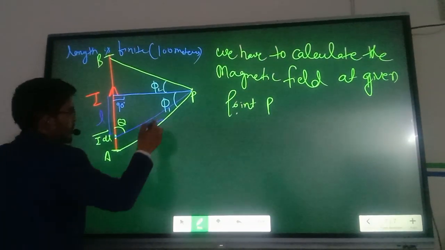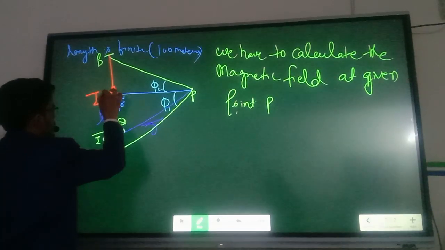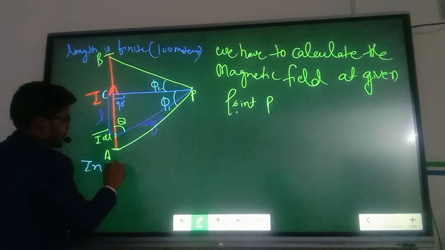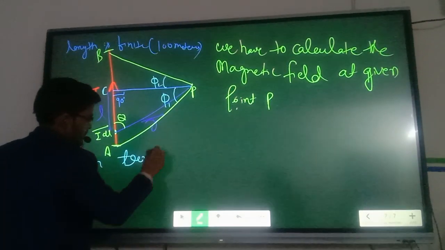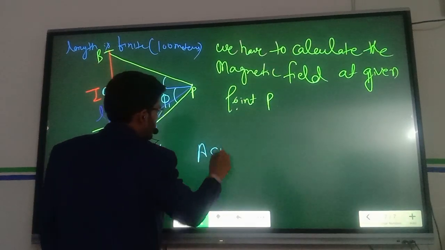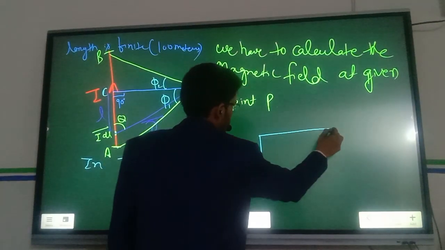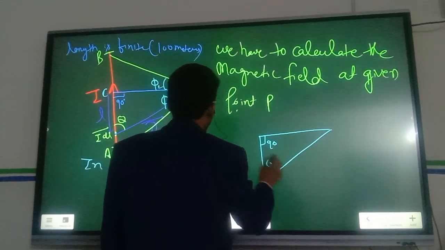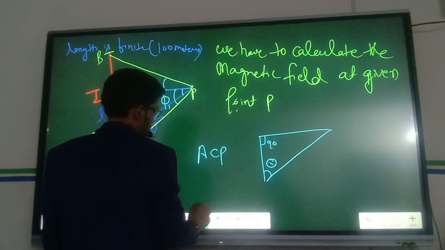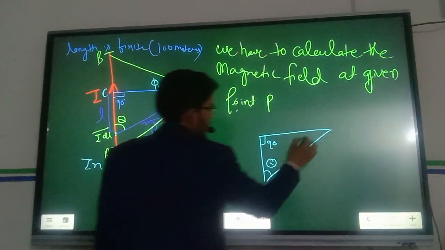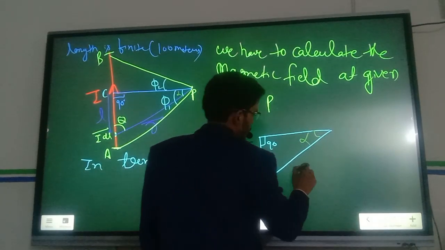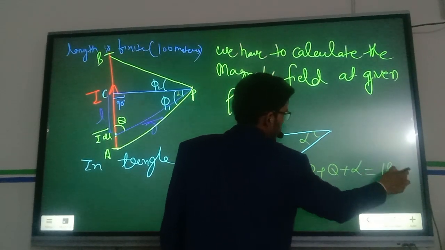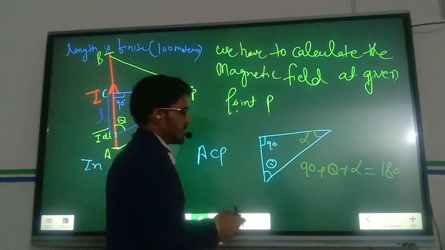Now suppose this is point C, this is point A and this is point P. So in triangle ACP, this is angle 90 and this is angle theta, and suppose this is angle alpha. So 90 plus theta plus alpha equals 180, meaning the sum of angles in a triangle is 180.